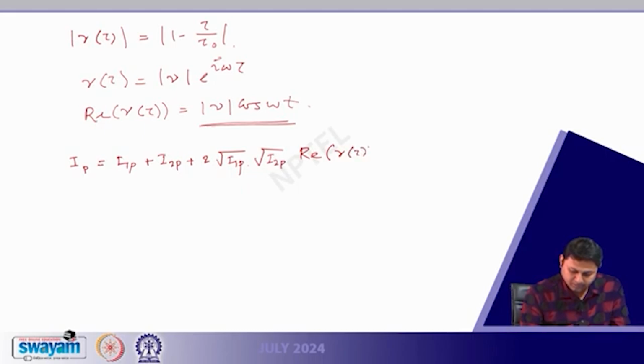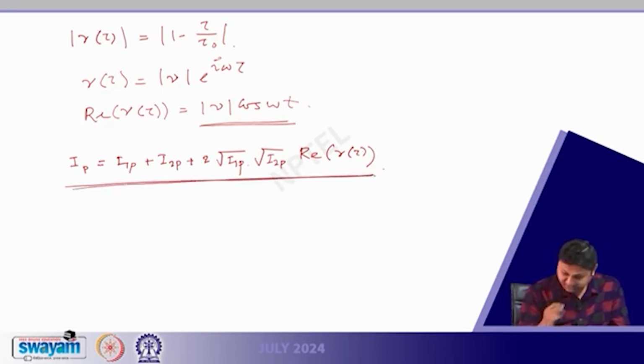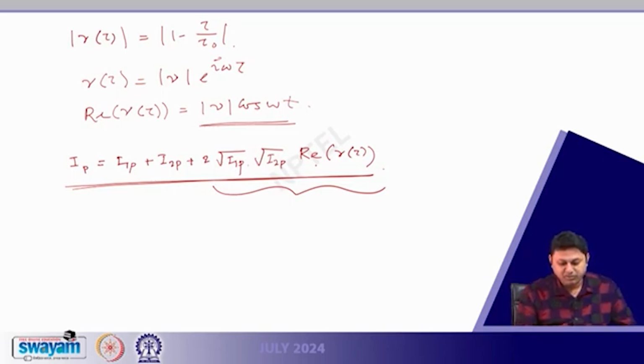That was the expression we started with. That is the main expression, and this is the interference term. And now we are in a position to find out this quantity, real part of gamma tau. Based on that, this value can give 0, it can give 1 or it can give minus 1.